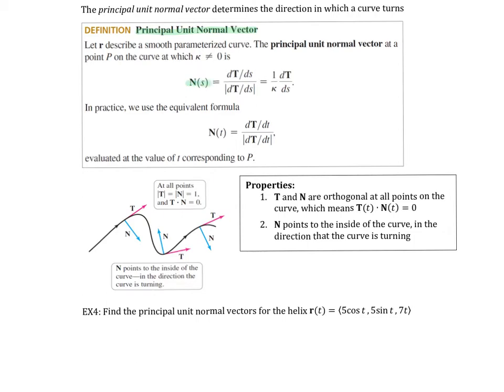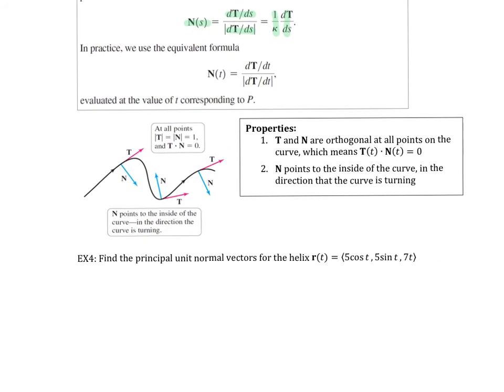To compute the principal unit normal vector, and oftentimes I'll just say unit normal vector or normal vector, with respect to arc length, it would be the derivative of the tangent vector over its magnitude. Or another way to look at it is to take the derivative of our tangent vector and then multiply it by 1 over the curvature. So again, oftentimes using arc length is difficult, so instead we'll just use any parameter t, and the formula is the same, derivative of tangent vector over its magnitude.